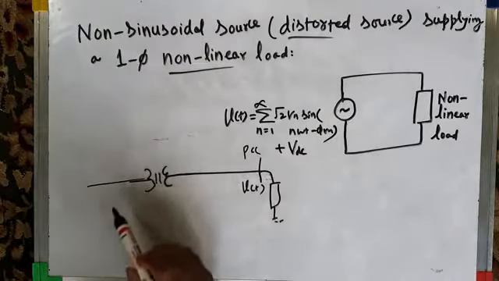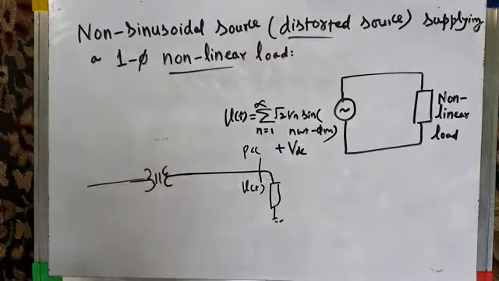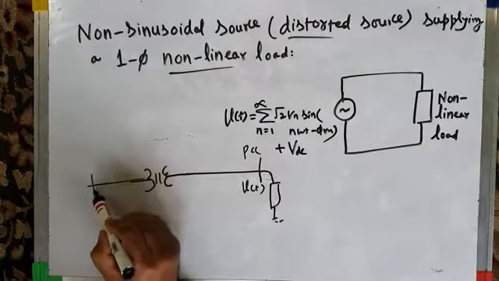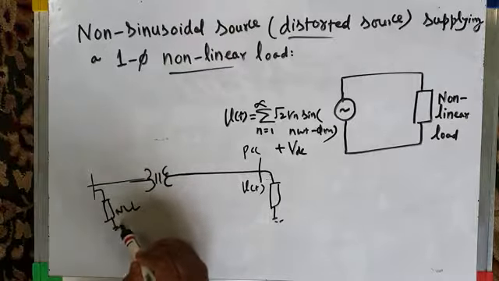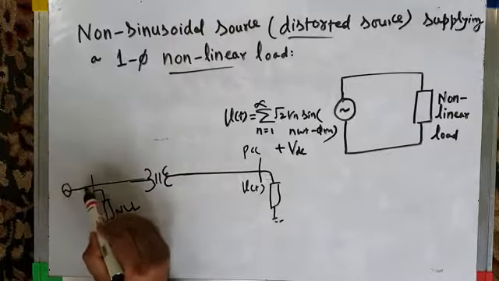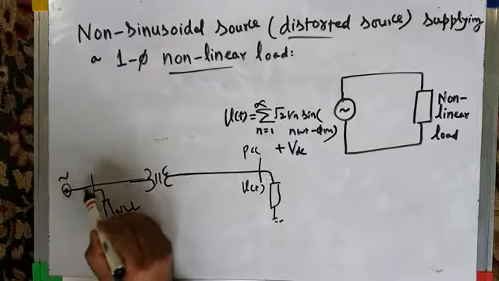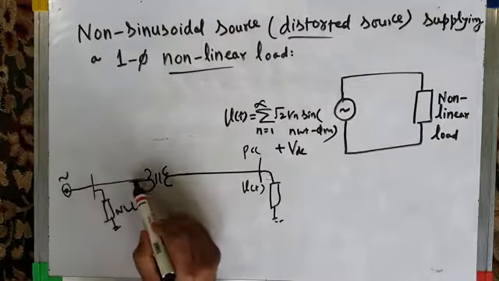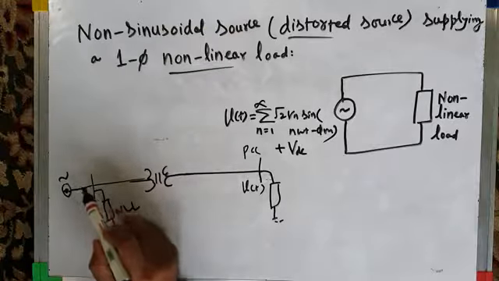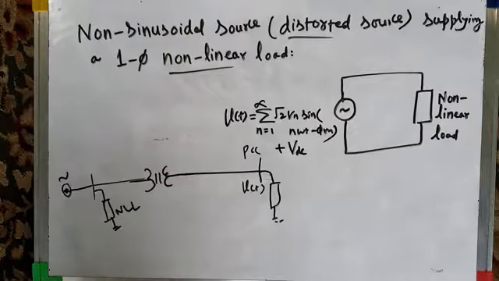The cause could be that some non-linear load is being supplied, say somewhere here a non-linear load, NLL meaning non-linear load. This is your source, and it supplies a non-linear load, and this non-linear load results in the flow of non-linear and distorted currents.